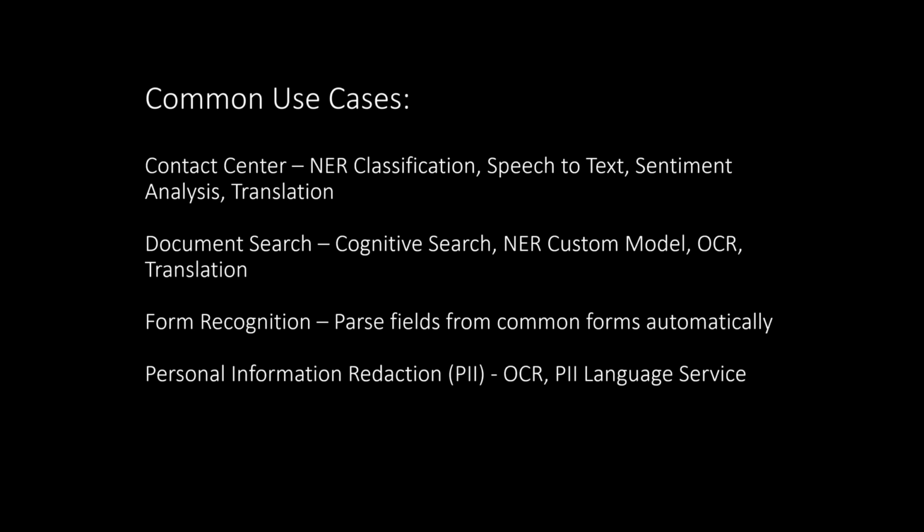You can put an NER custom model on there to pull out very specific insights. If they're scientific documents, literature documents, chemistry, or Health API, you can add a model on top of that to tag the documents with whatever specific insights or classifications you're looking for. And then of course, it would be OCR and translation on top of that.